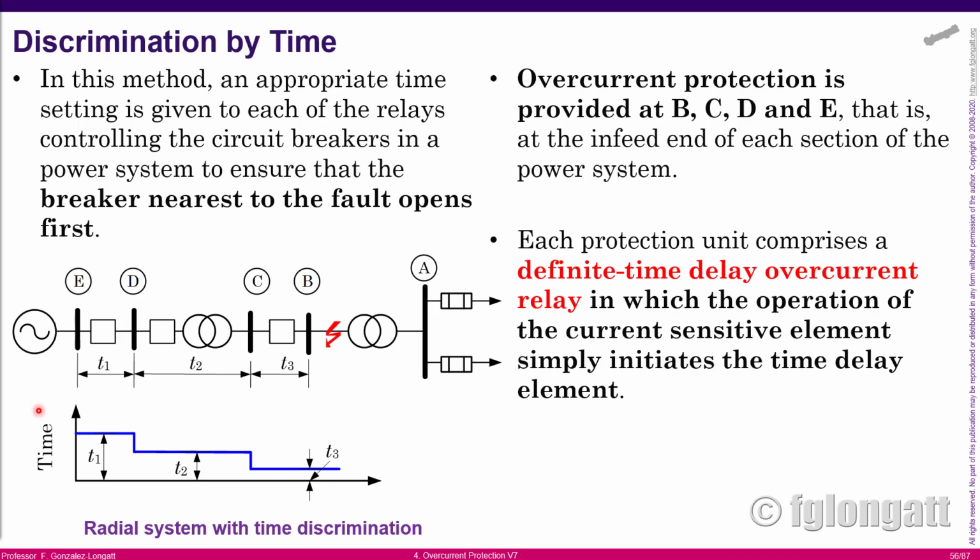I know protection people can complain about my explanation because they will say that definite time relays are not quite useful and not quite typical, but what I want to do is explain time discrimination to my students, okay? In this case, time discrimination means that the operating time of the relays will increase when you are far away from the fault, okay? In this case, that is a possible solution.